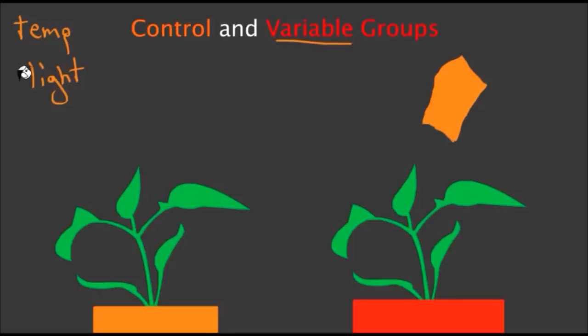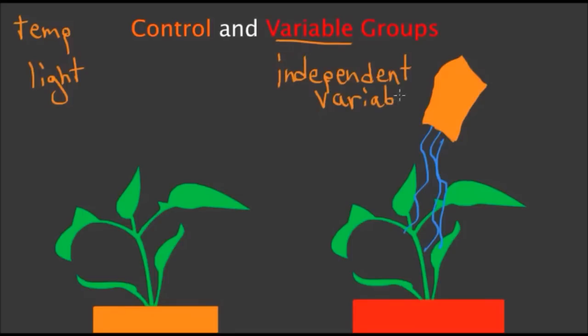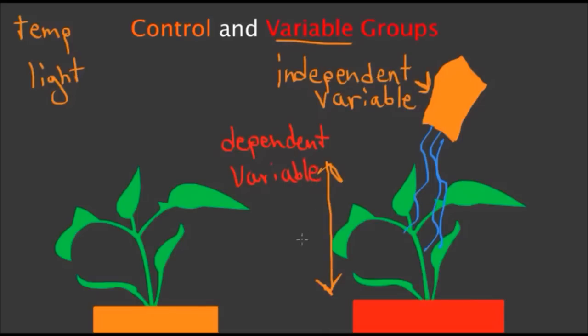So here's my energy drink can, and there's some energy drink. The energy drink that we are giving to this plant, we would call the independent variable, because that's the variable that we're controlling. And the dependent variable in this case is the plant's growth. Dependent variable is how much the plant is growing.